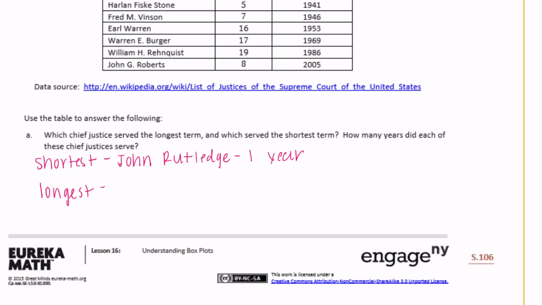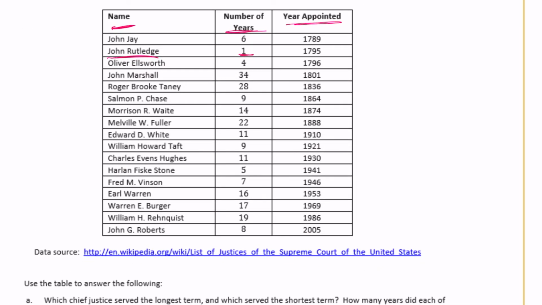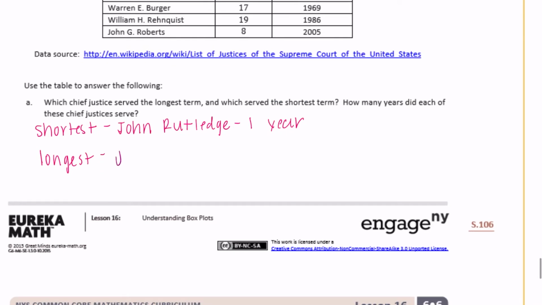And the longest, let's see, who has the most years? This person has 28 years, but John Marshall here has 34 years. So he wins for longest. John Marshall served for 34 years. So that's basically our minimum and our maximum if we were to make a box plot.